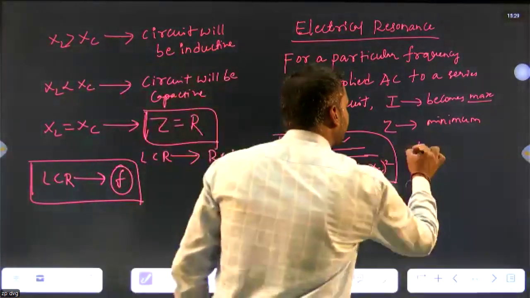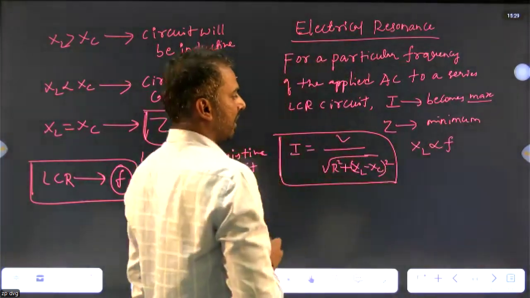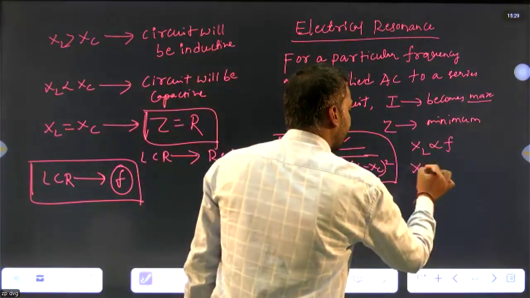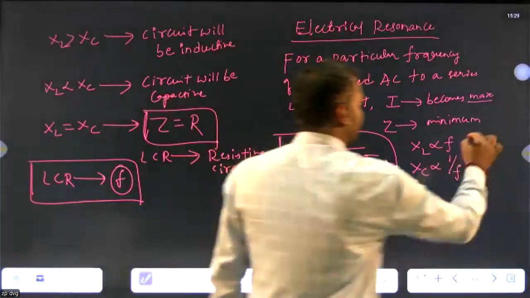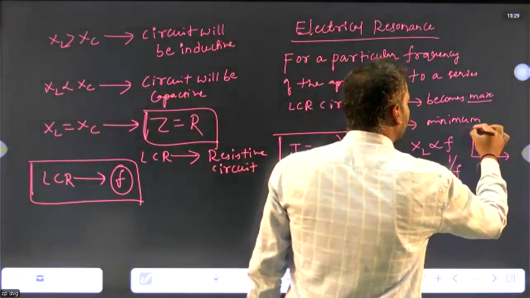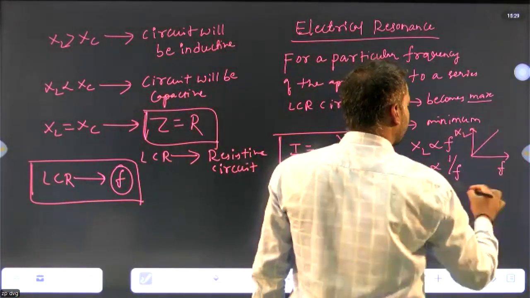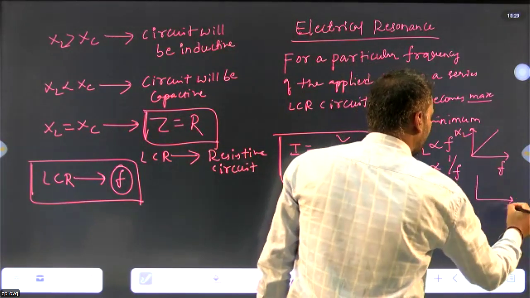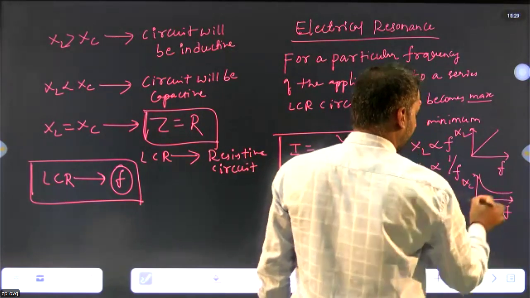We know that XL is proportional to frequency of the alternating source and XC depends inversely on frequency of the alternating source. If F increases, XL increases. If F increases, XC decreases.